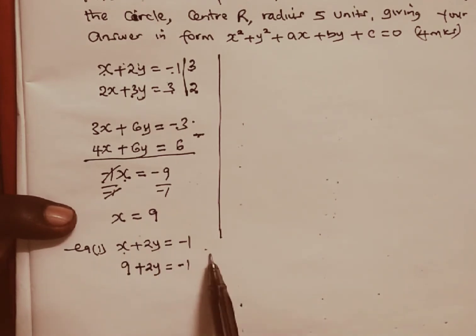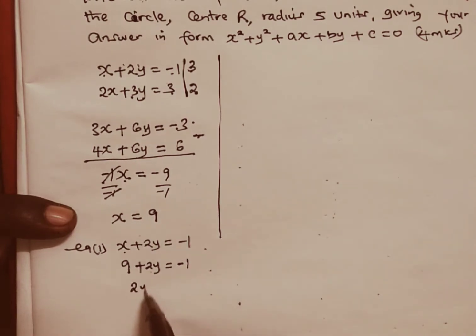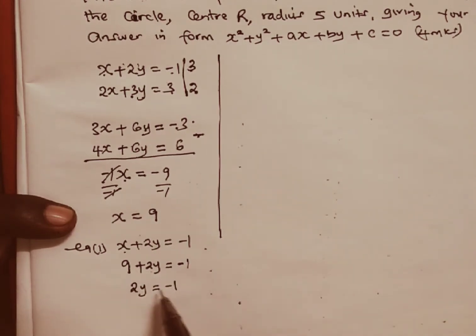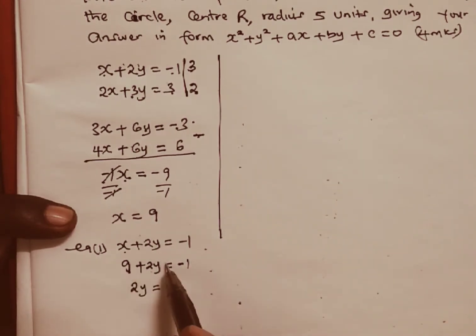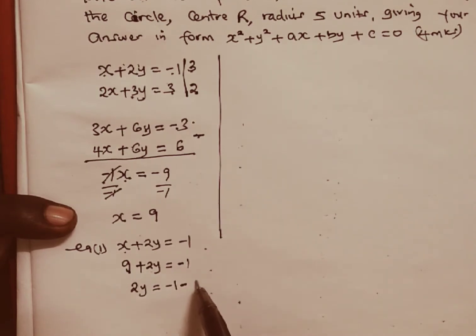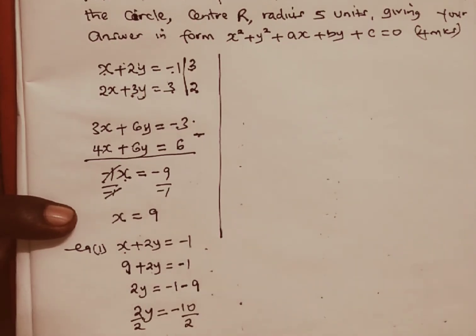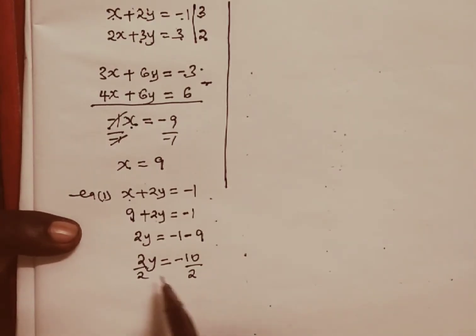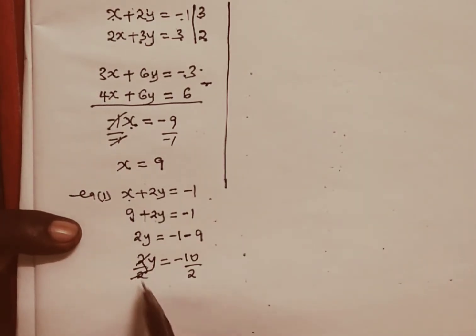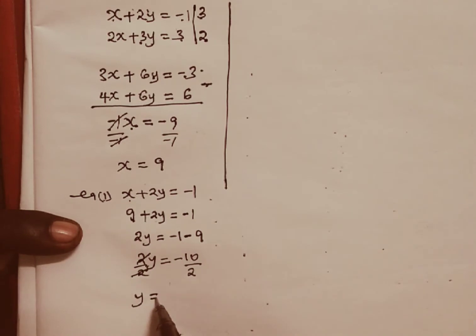If we take the +9 to the other side, once it crosses the equal sign it will be -9, and we remain with 2y is equal to -10. Divide by 2 on both sides.